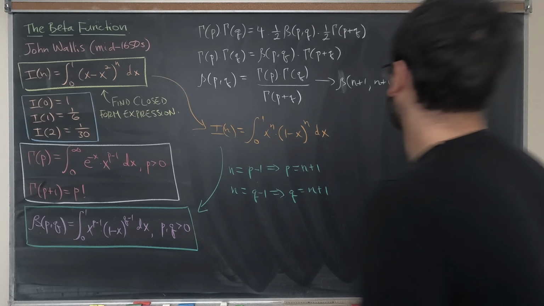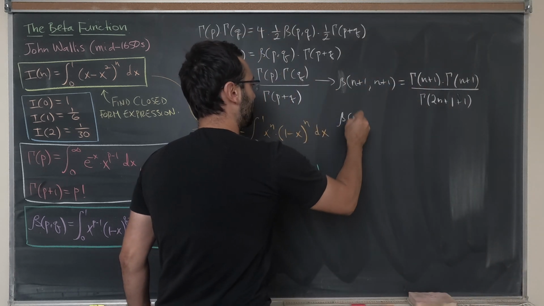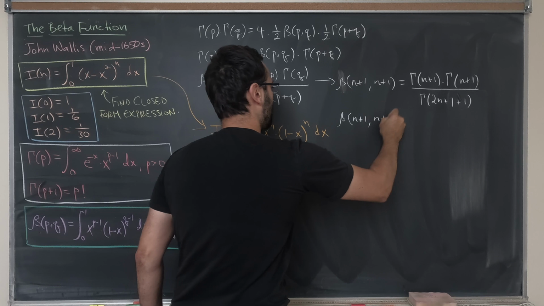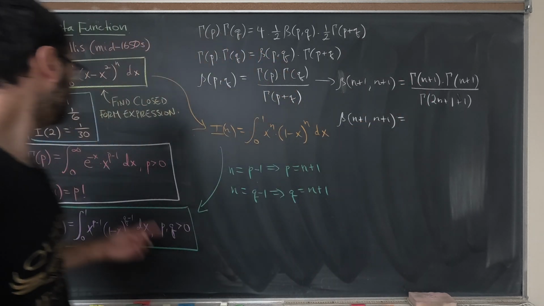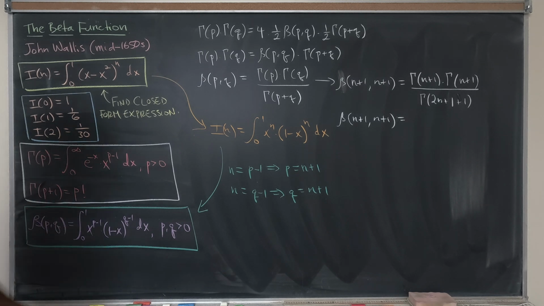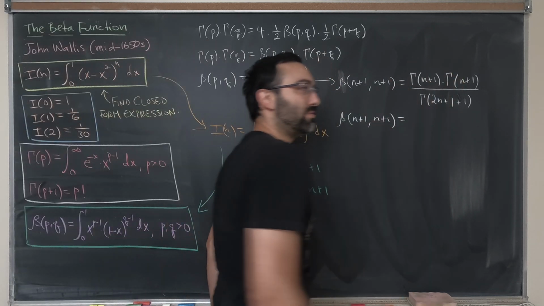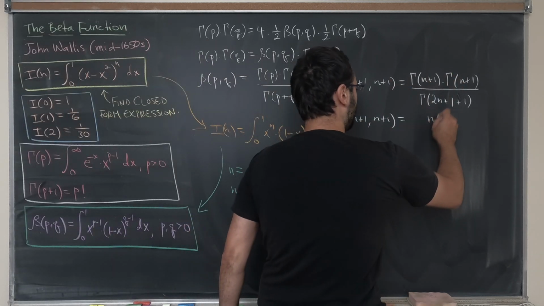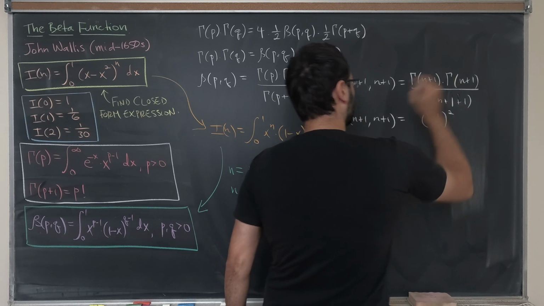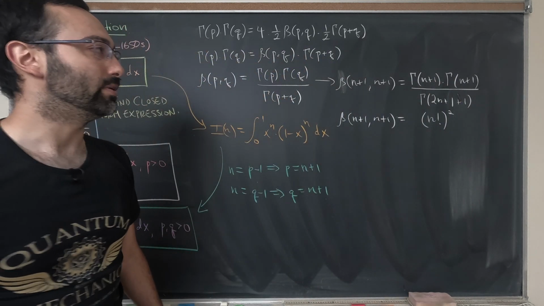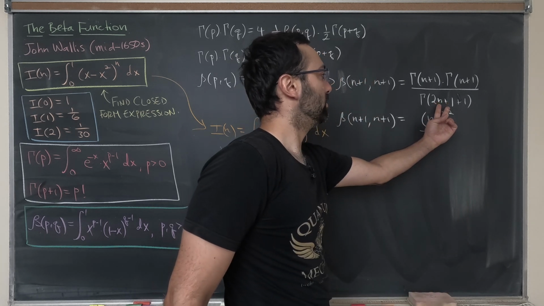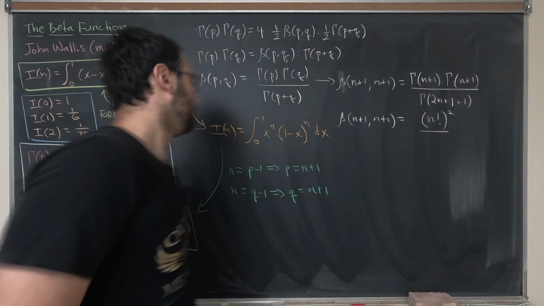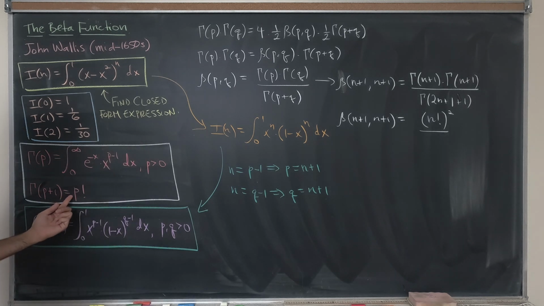And what does that mean for us? It means that beta of n plus 1 comma n plus 1 is, what is gamma of n plus 1? Well, that's n factorial. And then we have another factor of n factorial. So we have n factorial squared divided by, well, we have 2n plus 1 plus 1. So again, that's just 2n plus 1 factorial.